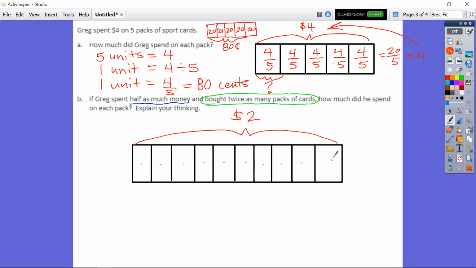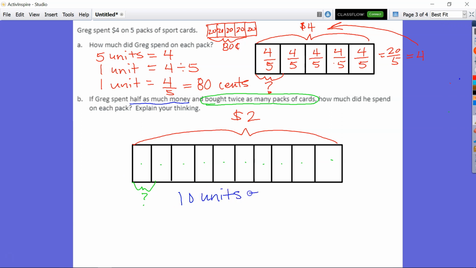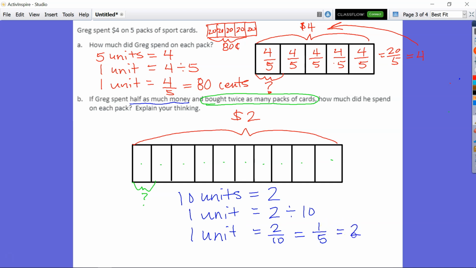All right. So now we're going to see how much one is going to cost. 10 units equal $2. Then 1 unit equals $2 divided by 10. We know that 2/10 is going to be equal to 20 cents, but let's go ahead and work the math out. 1 unit is equal to 2/10, 1/5 of a dollar, which is equal to 20 cents.